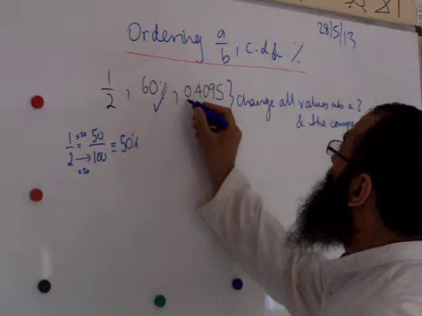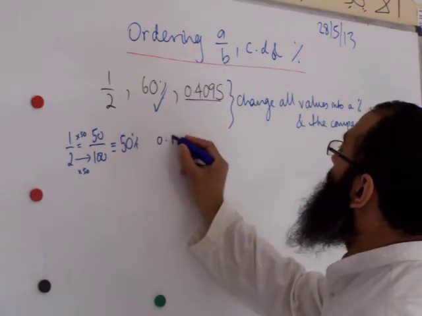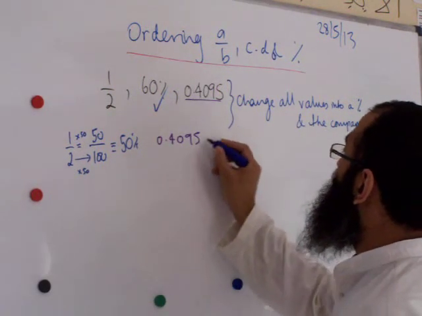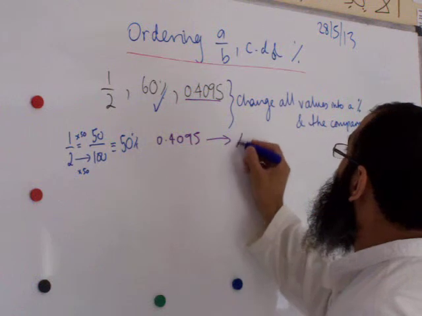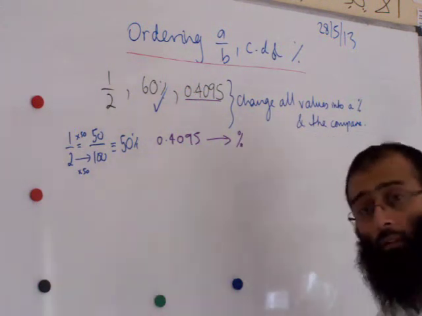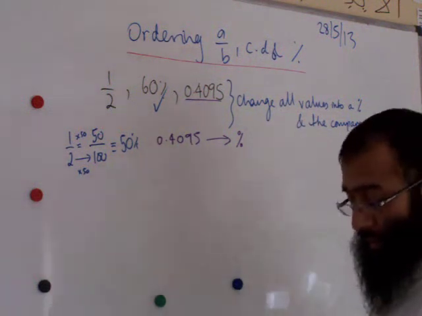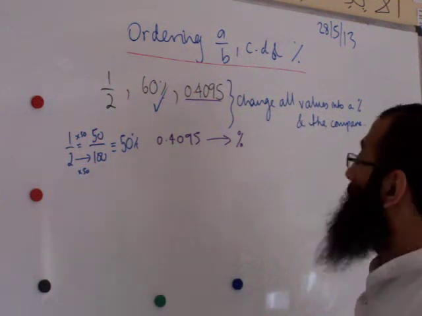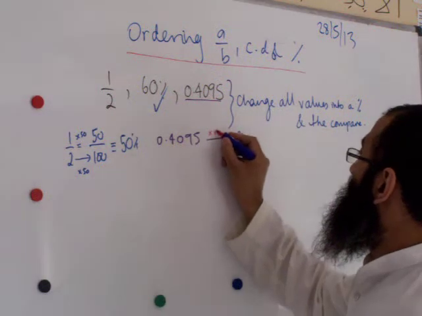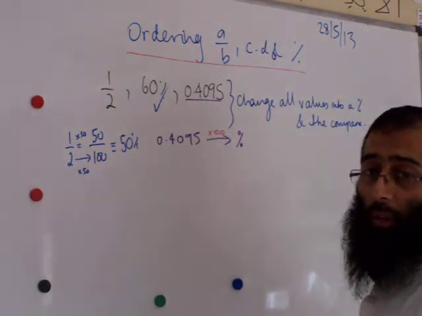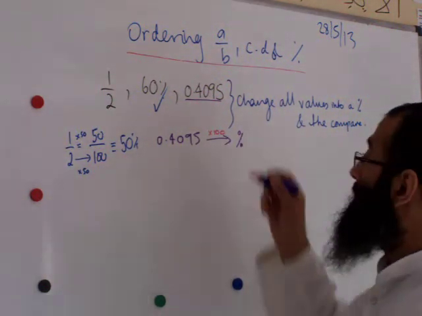We have this number here, 0.4095. We've got to change that into a percentage. How do we change a decimal into a percentage? We times by 100, that's what we did in the last couple of lessons.